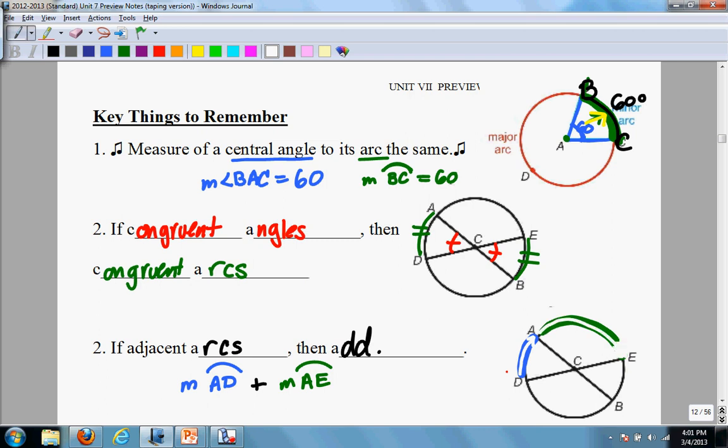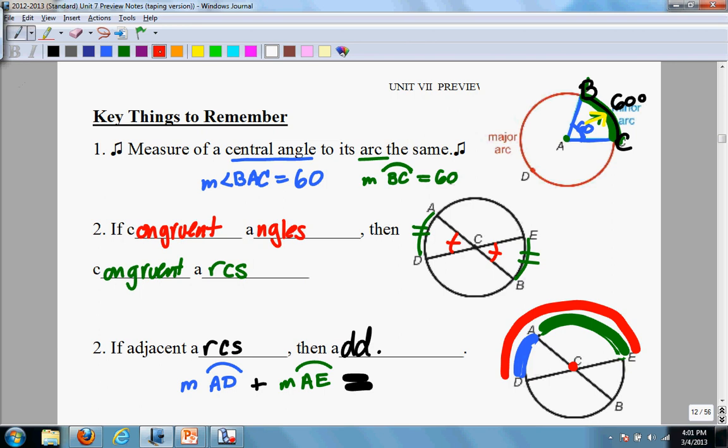Notice I'm using two letters there. The reason is because they're both minor arcs, A to D plus the measure of the arc A to E. That will give me the measure of the arc, which is now a semicircle, obviously, because this is the central angle, so I have to use 3 letters here.